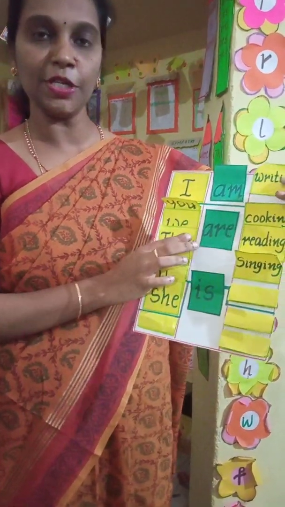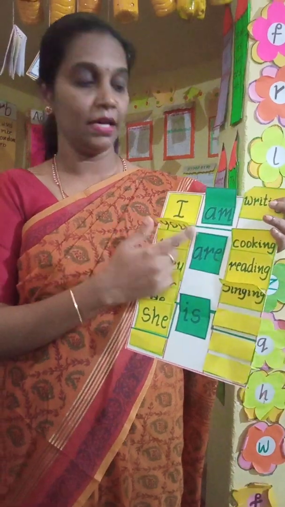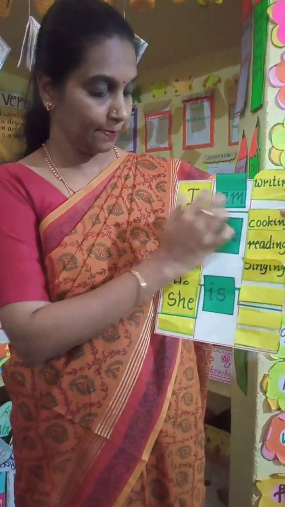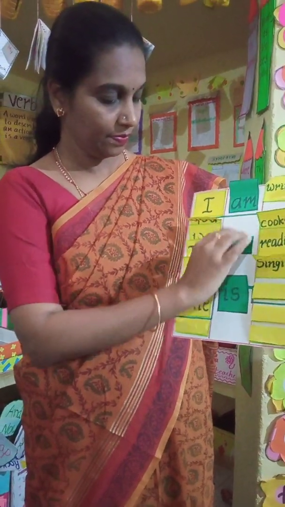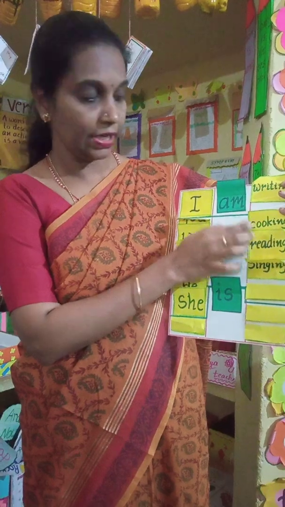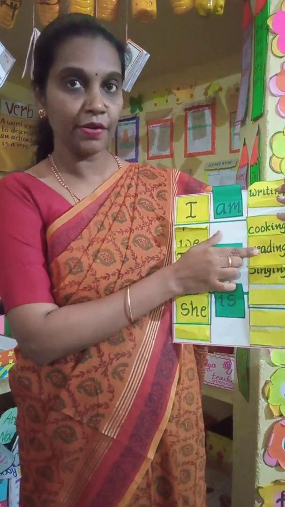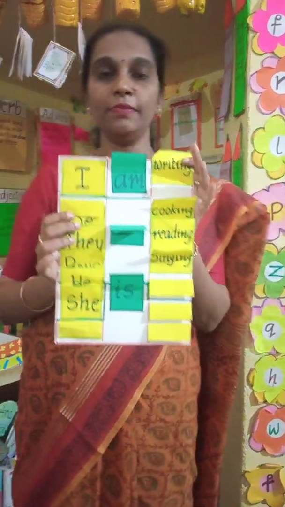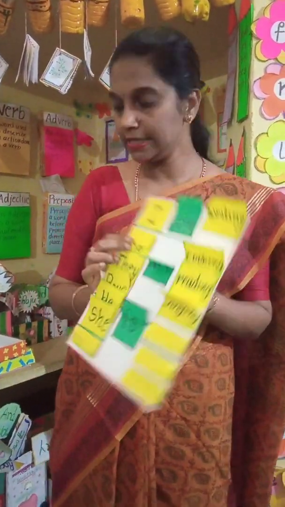So using this substitution table, my students read the sentences. For example, I am writing. The same way, I am cooking. I am reading. I am singing. Like this, my students make the sentence.